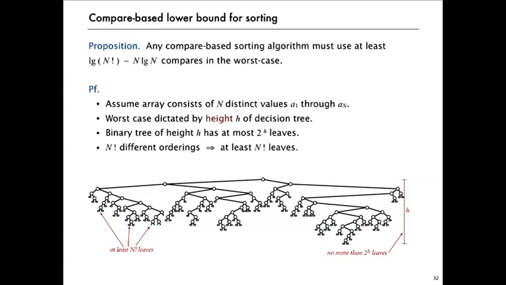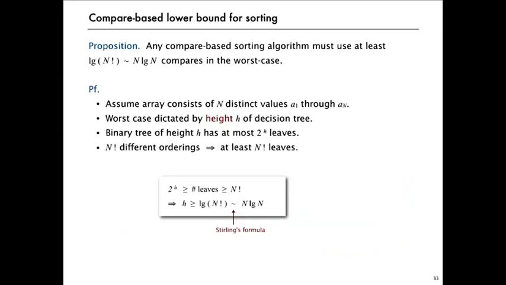So this tree has to have at least n factorial leaves. And if the tree is of height h, it has at most 2 to the h leaves. The tree that has the most leaves of height h is totally complete, and that one has 2 to the h leaves.